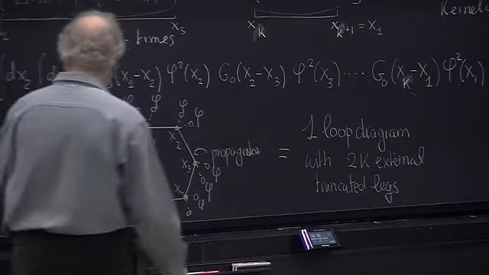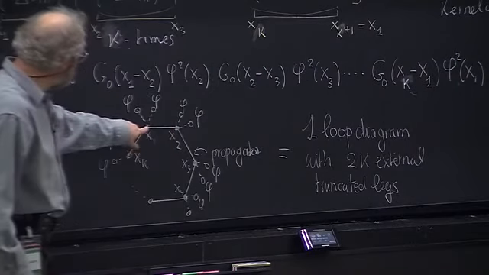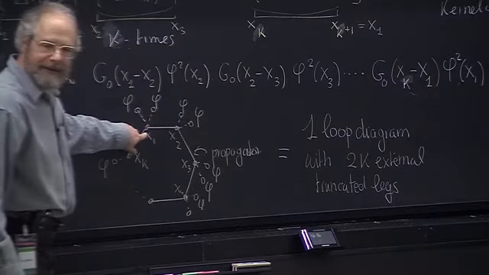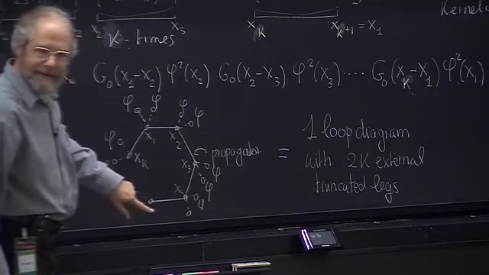Because if you have k vertices, to each vertex you can attach 2 internal legs and 2 external legs.